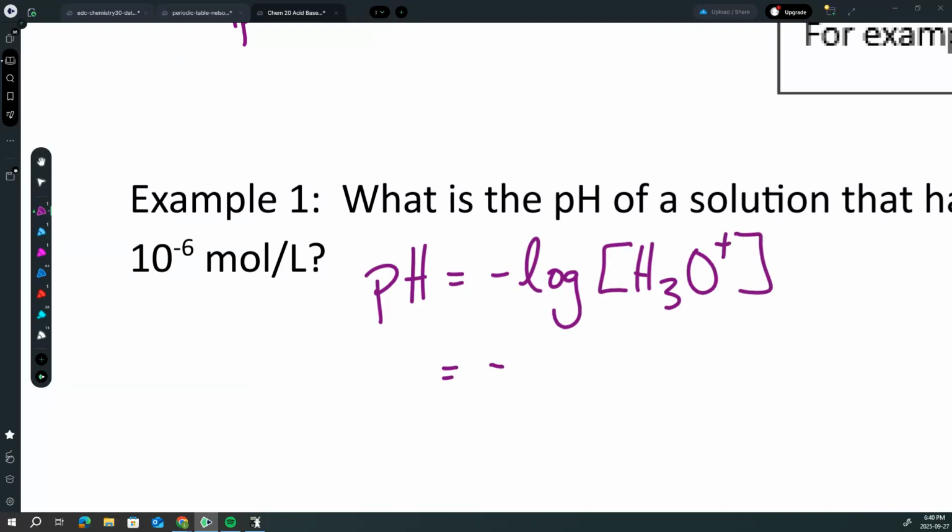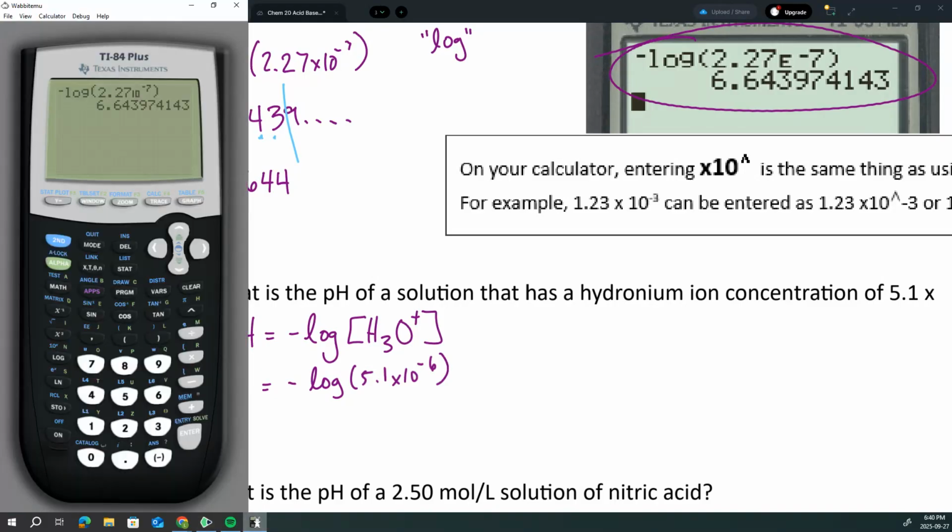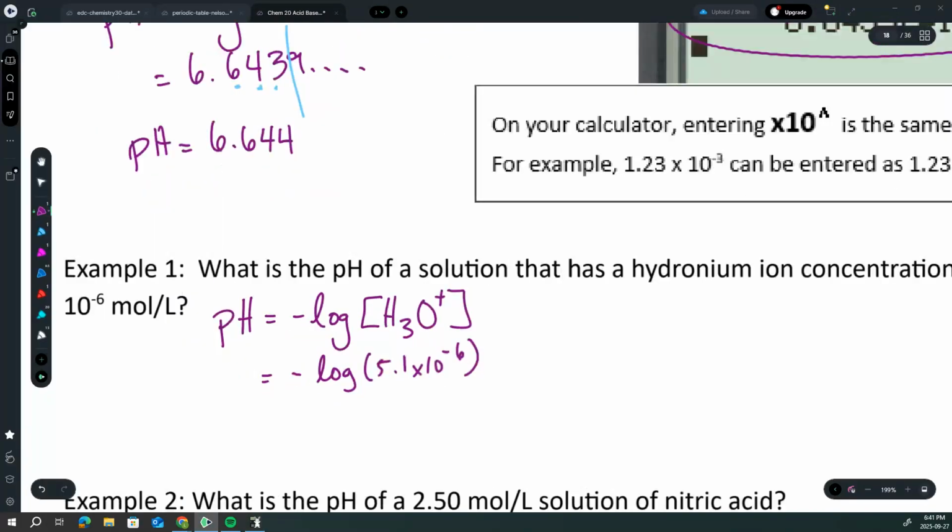So negative log 5.1 times 10 to the negative 6. On my calculator, how I'd write this is negative log 5.1 times 10 to the negative 6. Hit enter. So I get 5.2924, and it keeps on going forever.